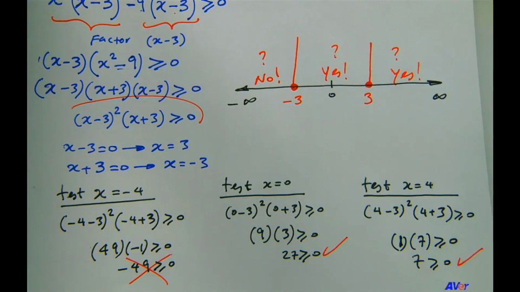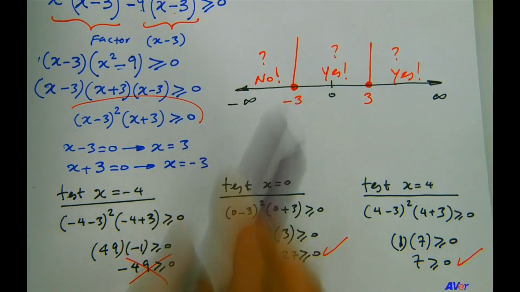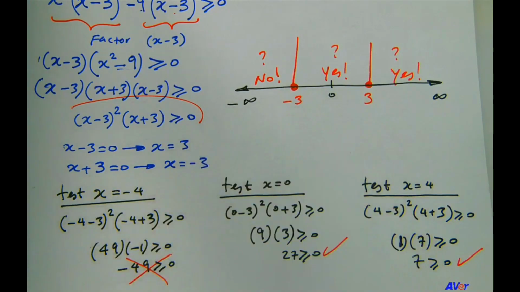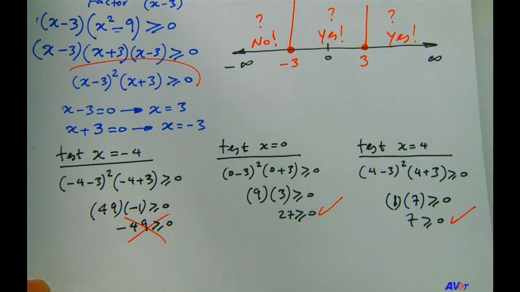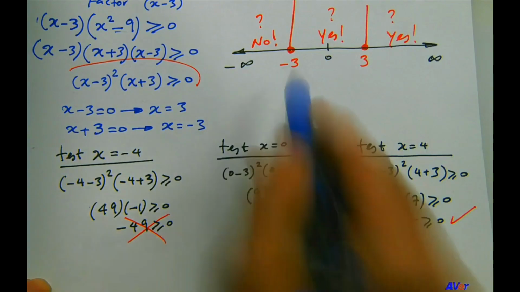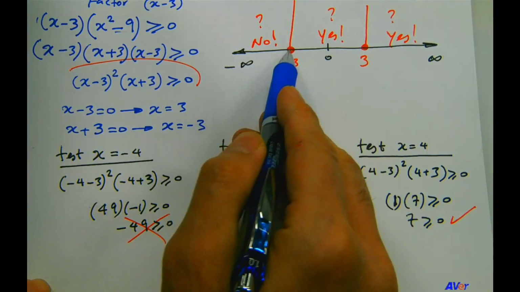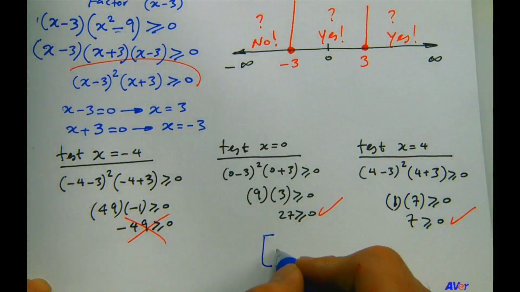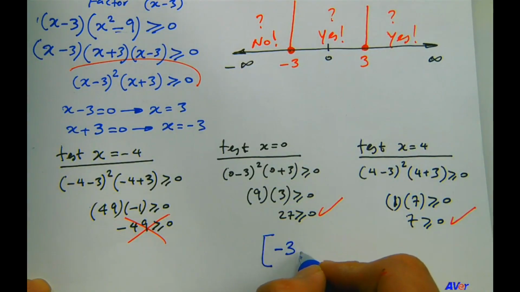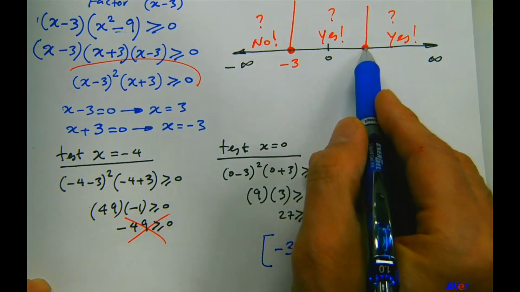So our final solution is, looking at this graph, what do you think the final solution is? The final solution is parenthesis or bracket, starting from here that way. It is bracket -3, comma, 3 is also accepted, right?